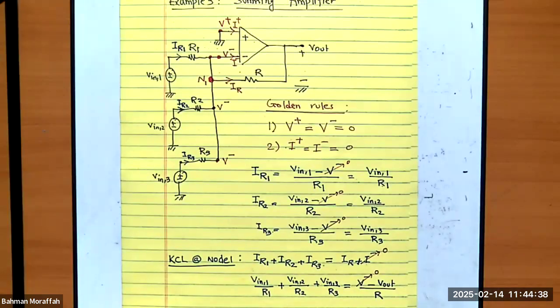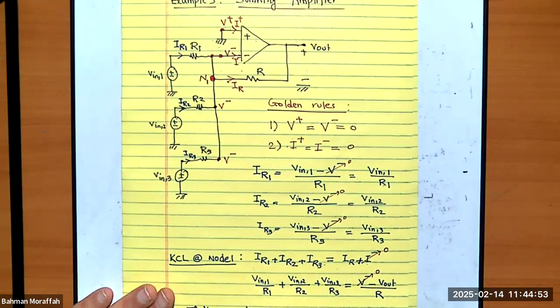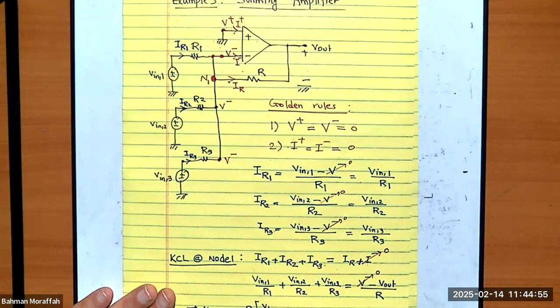So I have Vin1 over R1 plus Vin2 over R2 plus Vin3 over R3 equals negative V out divided by R. I can find V out. V out is negative R times Vin1 divided by R1 plus Vin2 divided by R2 plus Vin3 divided by R3.